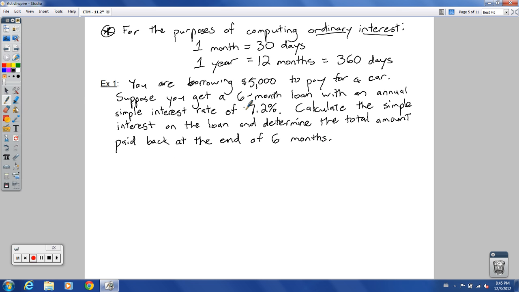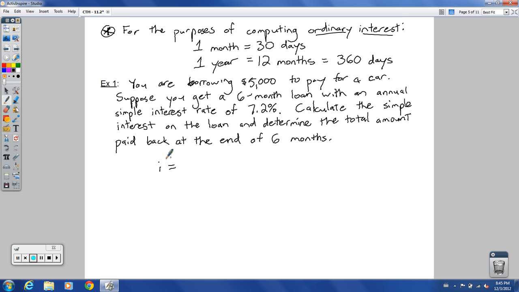So $5,000, 6-month loan, 7.2%. And what are you going to pay back? The total amount paid back at the end of 6 months. So we know we have to pay this $5,000 back. And we know we have to pay a little bit of interest on top of that. So your final answer should be a little bit over 5,000.